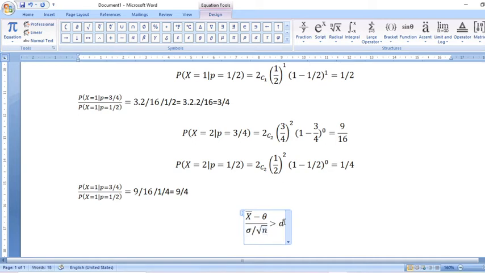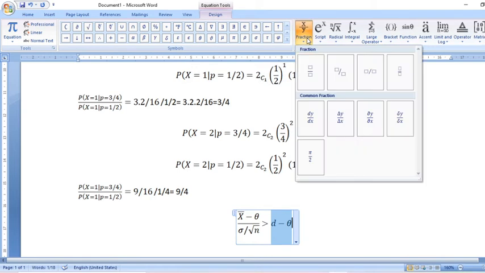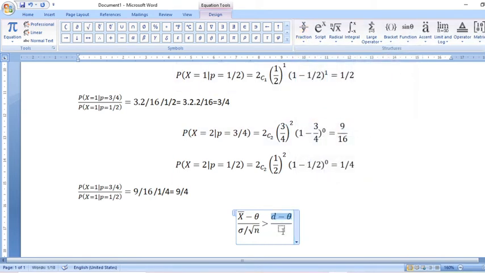So simultaneously we can subtract this same theta here also and divide with respect to, that is, we are applying the same operation on both sides. Okay.